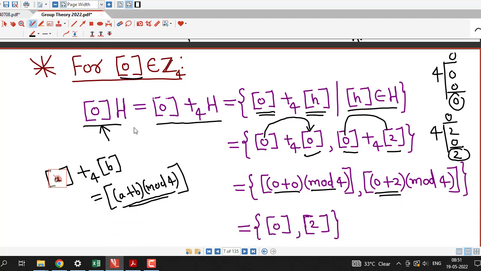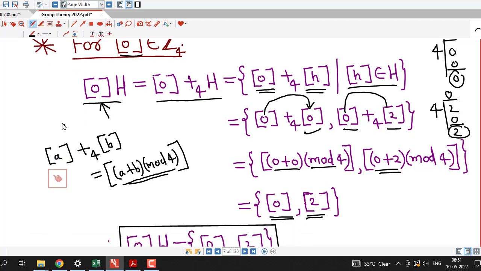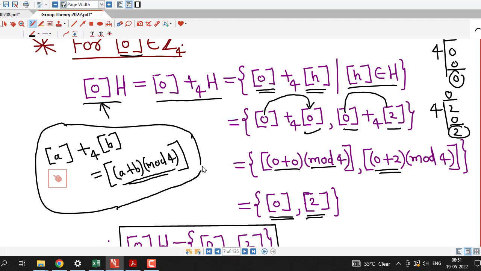So this left coset has two elements: the equivalence class generated by 0 and the equivalence class generated by 2. We must be familiar with addition modulo 4, which is defined in this way.